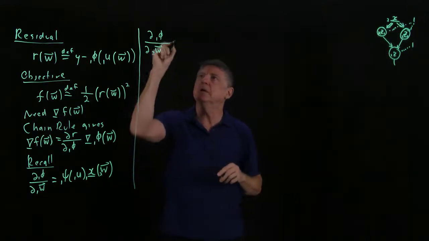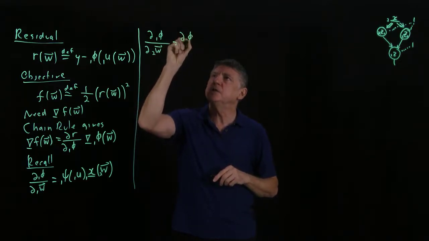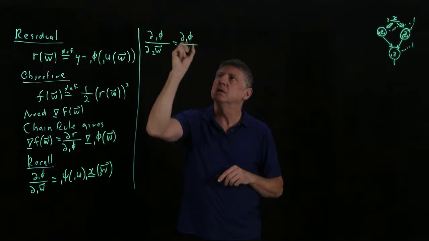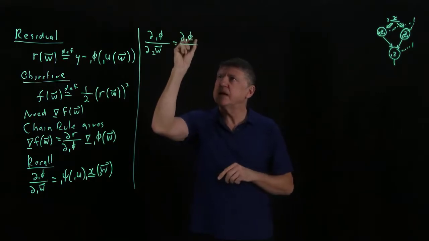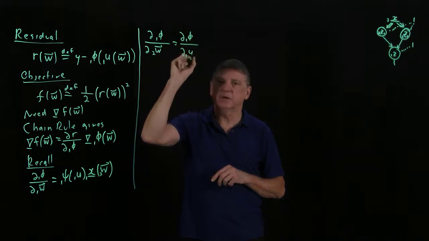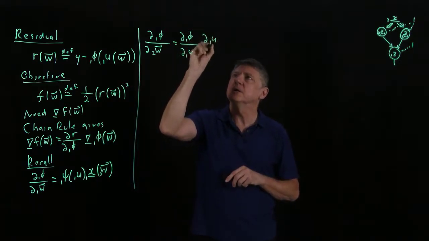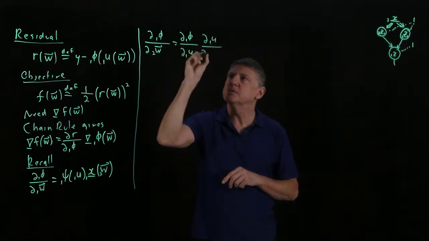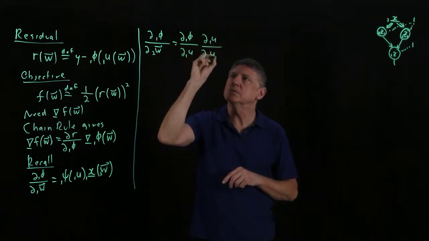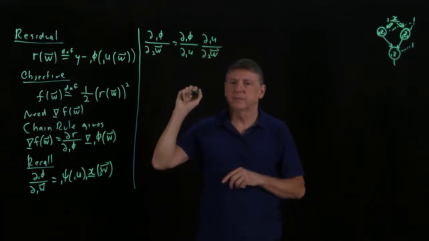Well, that will be the rate of change of the activation function with respect to its linear product times the rate of change of the linear product with respect to those weights that are in layer 2.